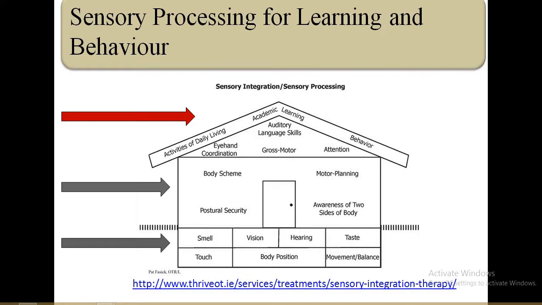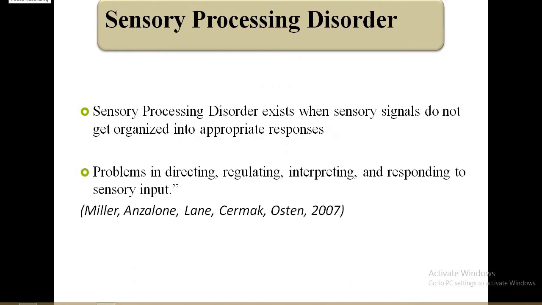Yes, there are some other subcomponents also, such as muscle power and tone, which are also very important for eye-hand coordination. But as today we are talking about sensory processing disorder, we will focus more on sensations.